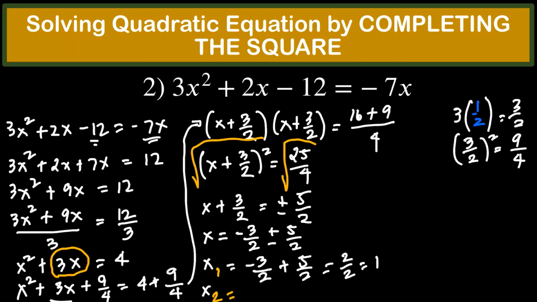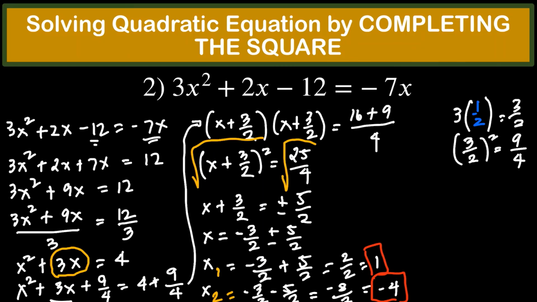That is simply -3/2 minus 5/2 equals -8 over 2 equals -4. All right, so these are the answers: 1 and -4. Okay, now we can check our answer.